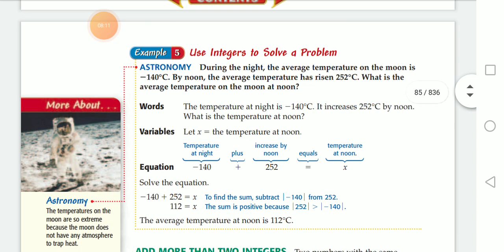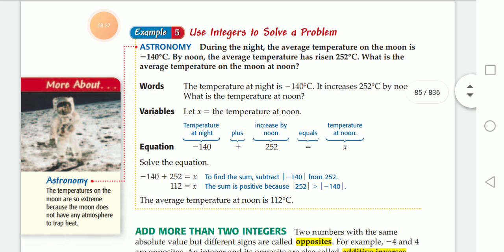Okay, my dear students. Example 5, use integers to solve a problem. Astronomy. During the night, the average temperature on the moon is negative 140 degrees Celsius. By noon, the average temperature has risen to 152 degrees Celsius. What's the average temperature on the moon at noon?